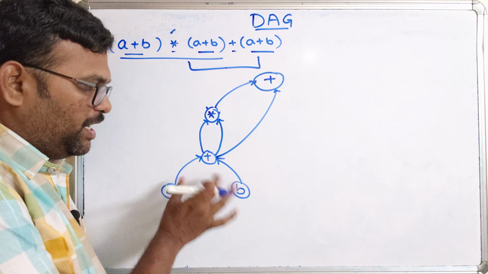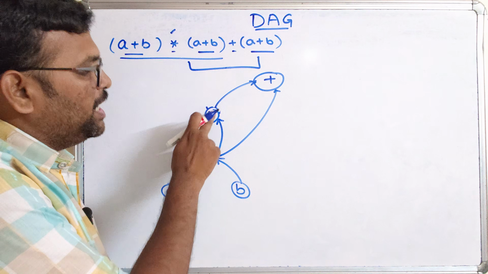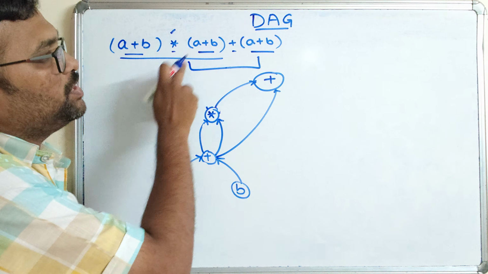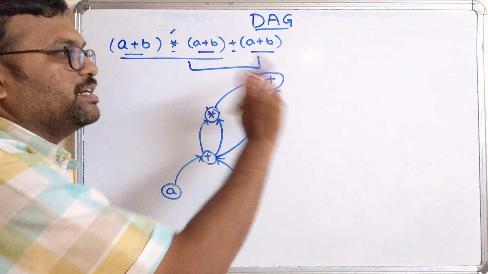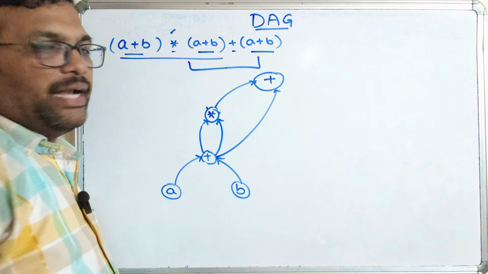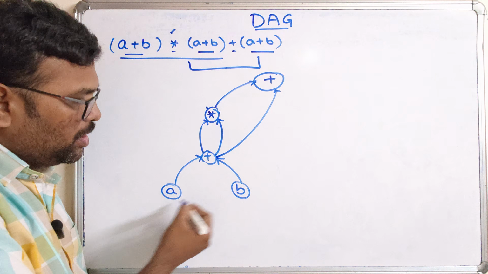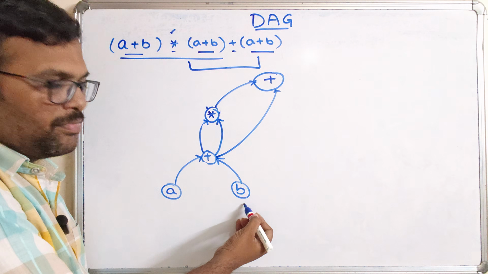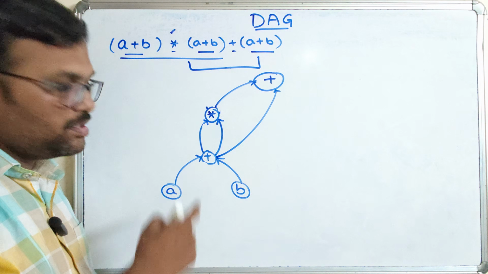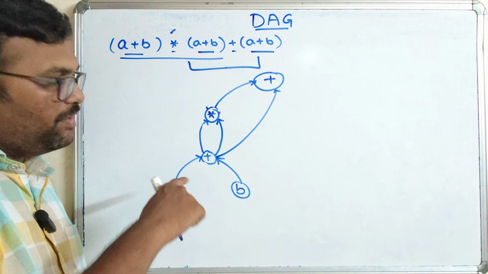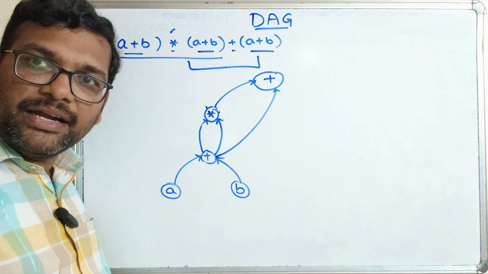So first a plus b, which has been multiplied twice, and this result is again added with a plus b, which is added with this result itself. So this is a directed acyclic graph. So here the leaf nodes are the operands, and internal nodes are operators, and we are also giving some arrow marks, because it's directed.